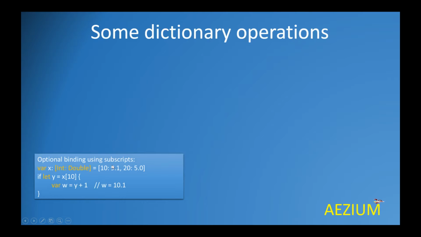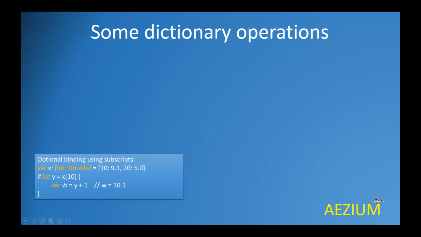Again, as we are dealing with optionals when we are trying to read from dictionaries, we could use the return value of that reading in optional binding, as we did in previous tutorials.